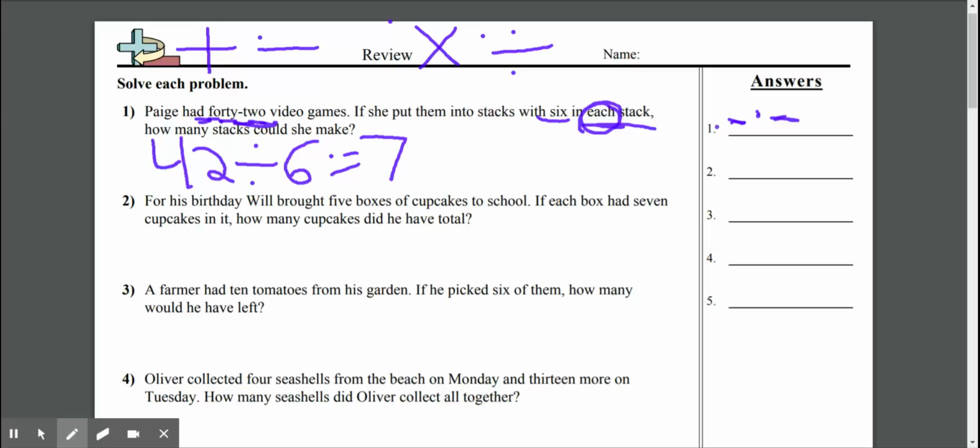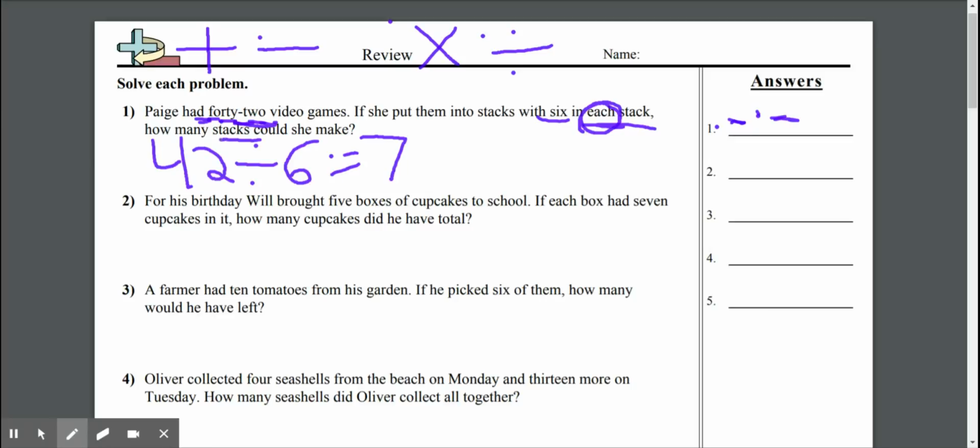Word problems require labeling. So you can't say this is 7 toenail clippings, or 7 jars of spaghetti sauce. 7 what? Well, we know that there's stacks. These are 7 stacks, with 6 in each stack. The question is how many stacks could she make?